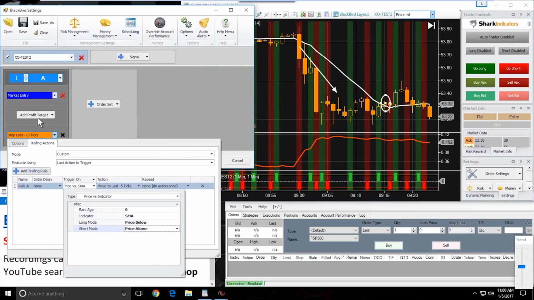Or maybe you might want to move your profit target a little closer to where price is, to try and capture that profit if the trend is really changing directions on you. So that's one simple example of how you could use price versus indicator: compare price to your moving average.